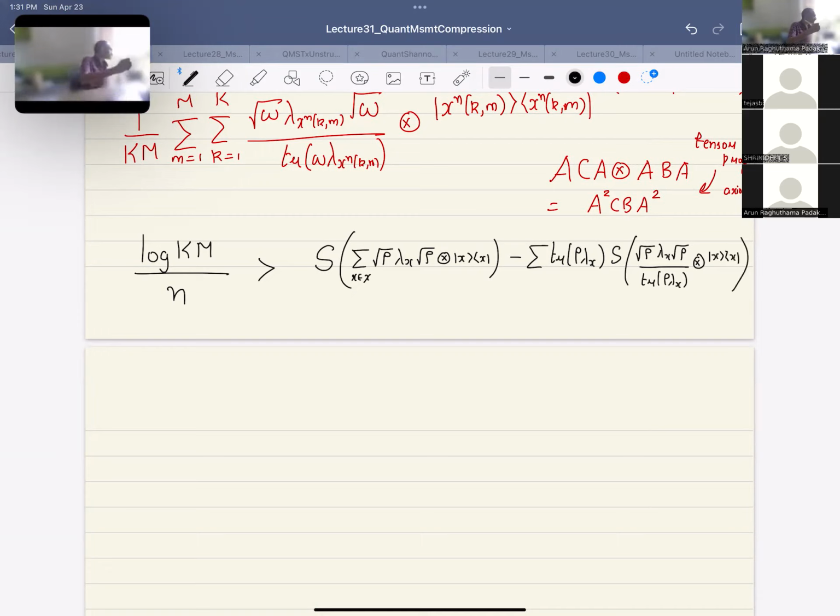This is the von Neumann entropy S. If this is greater, then you are in good shape.